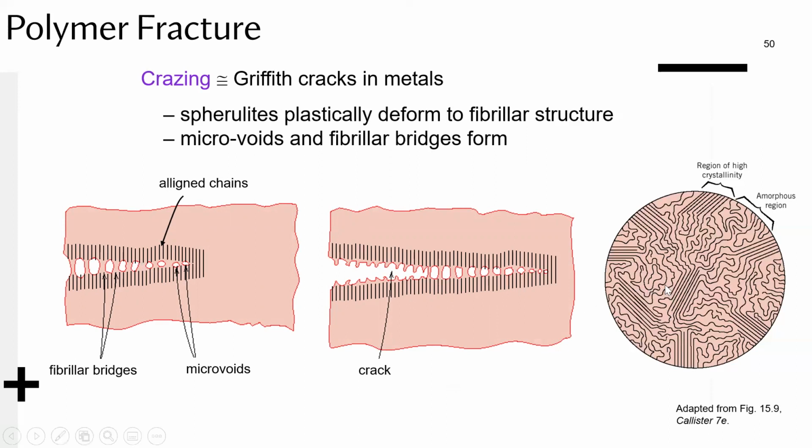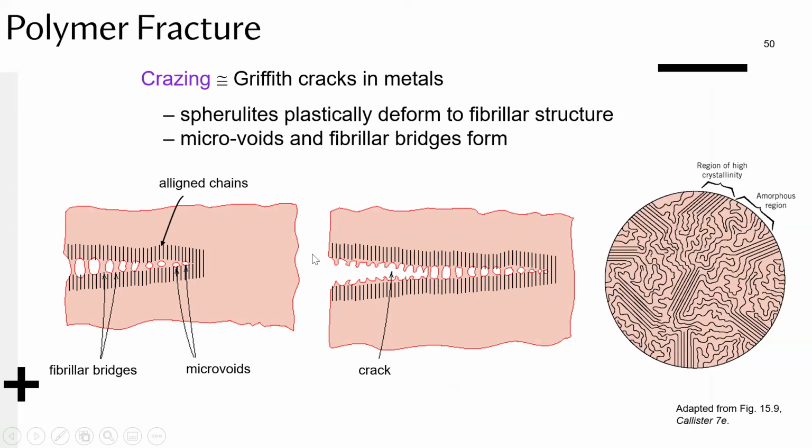So, for instance, in these amorphous regions, you have one nucleation site for a crack, and that nucleation site typically happens in those regions that are, you would say, more prone to failure. In this case, the crystalline regions are quite strong, so typically that is where the failure nucleates.